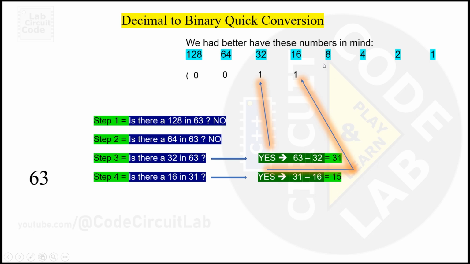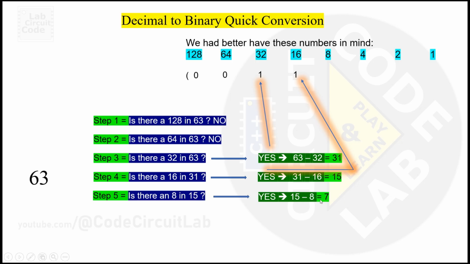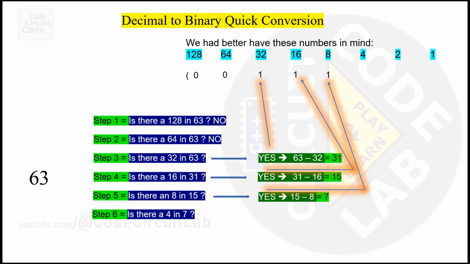Now we should deal with 8 and 15, and it's obvious that there is an 8 in 15. So the answer is yes, and we put a 1 under 8 and we get 7, the result of subtraction. Now we jump to step 6.